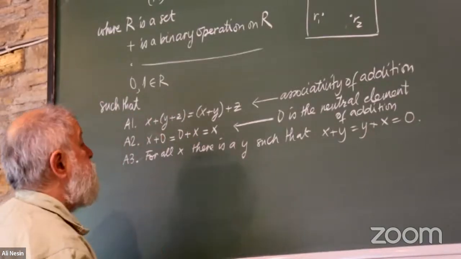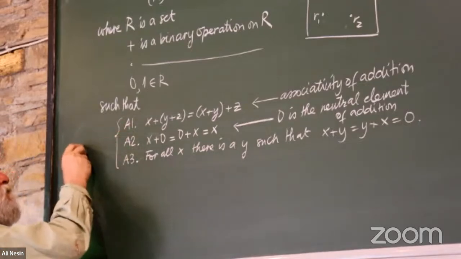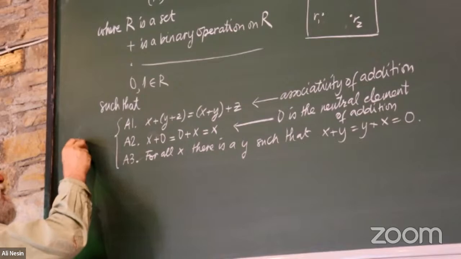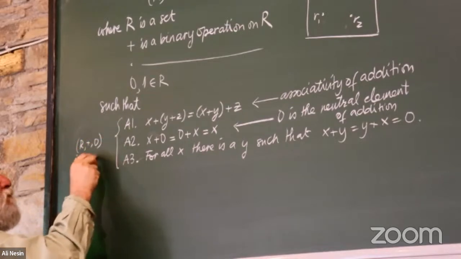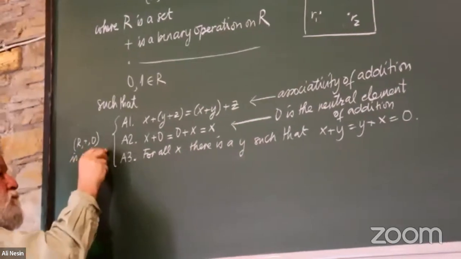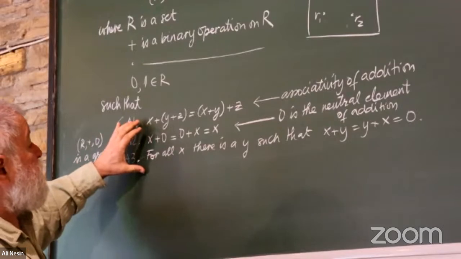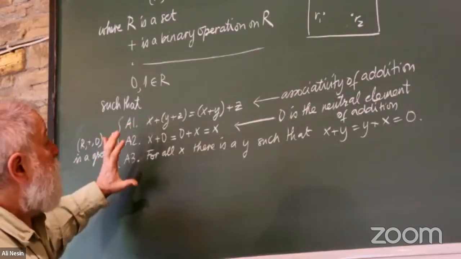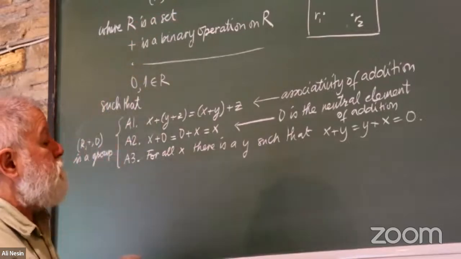We show it's unique. Such is called a group. So in other words, R, plus, 0 is a group. So I've said nothing about multiplication here, only about addition and 0.